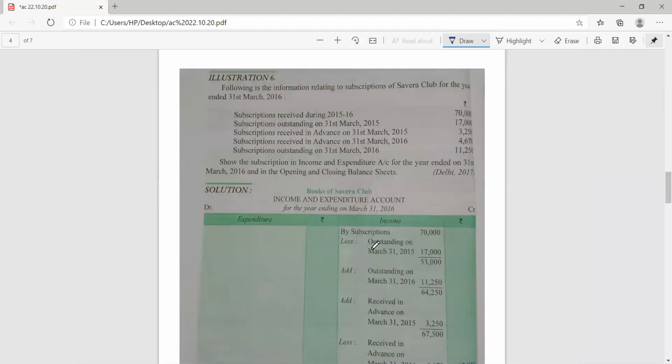As we studied yesterday, subscription is the most important source of income for each and every not-for-profit organization. So now the question arises how it is to be dealt with. How the subscription is to be dealt with in case of a not-for-profit organization.